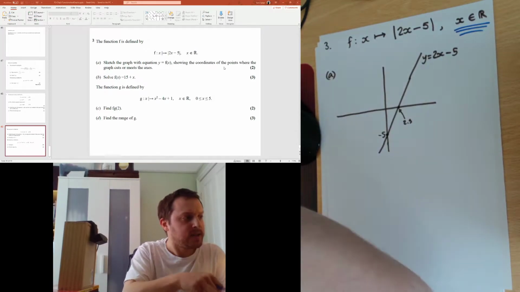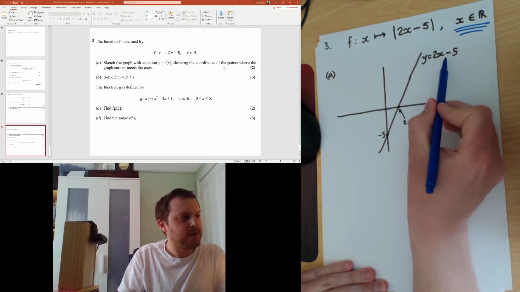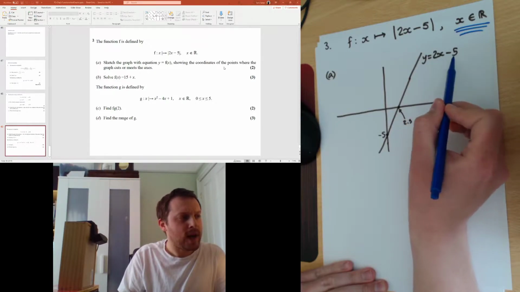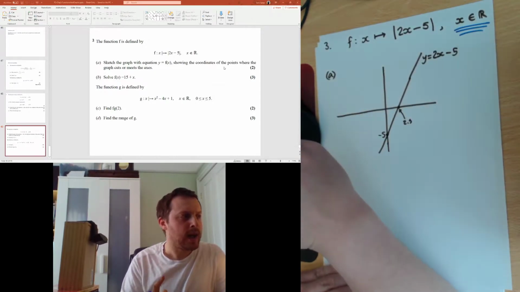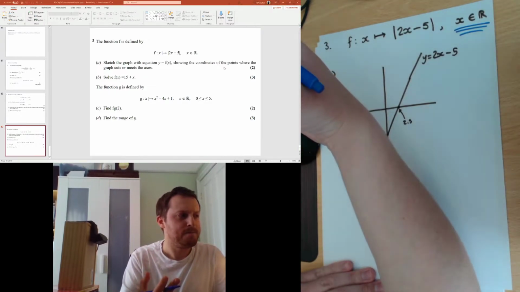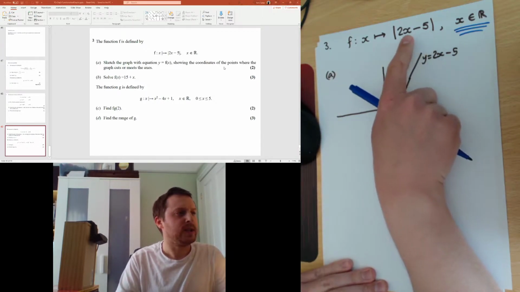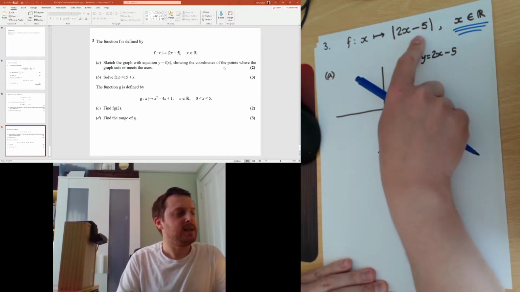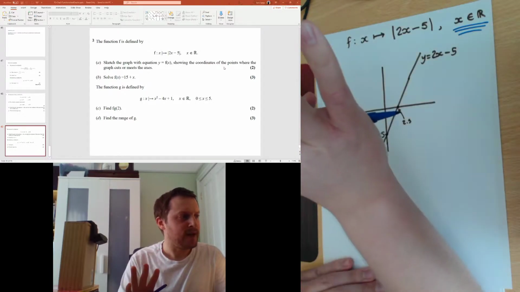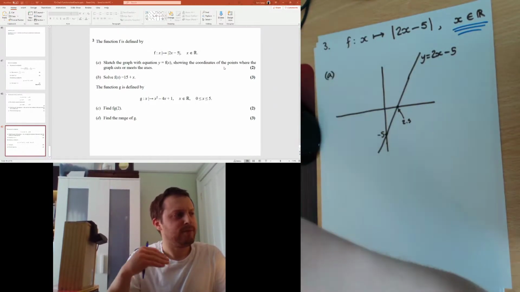X can be negative. We're asking about 2x minus 5. That's all of a sudden now not allowed to be negative. If it is, you flip it, you make it positive. Right, that's what that modulus sign does. The modulus sign says whatever's inside, if it's positive, fine. If it's 0, fine. If it's negative, make it positive.